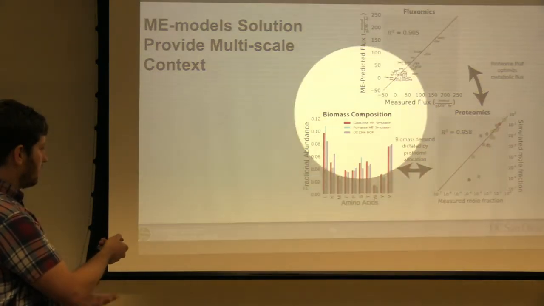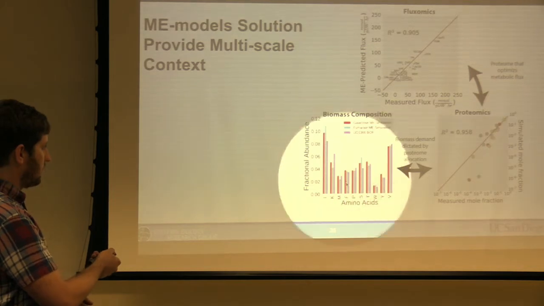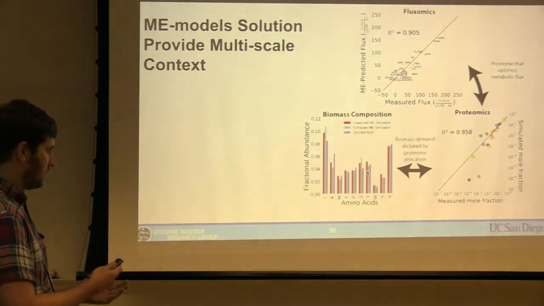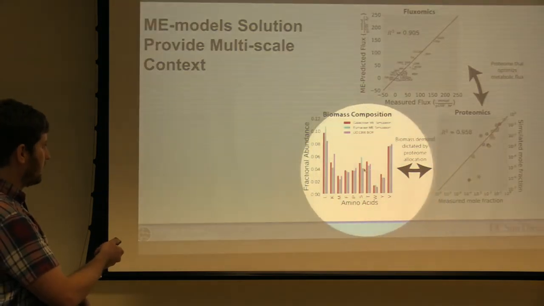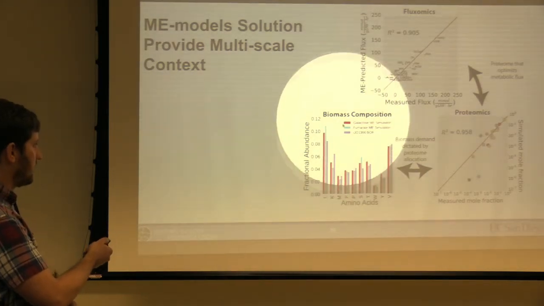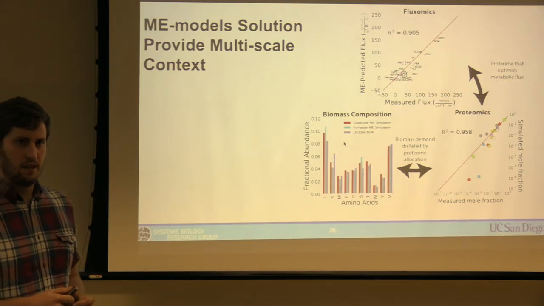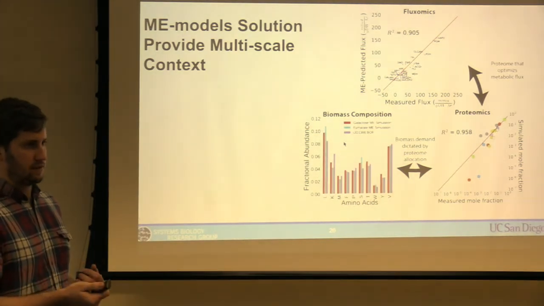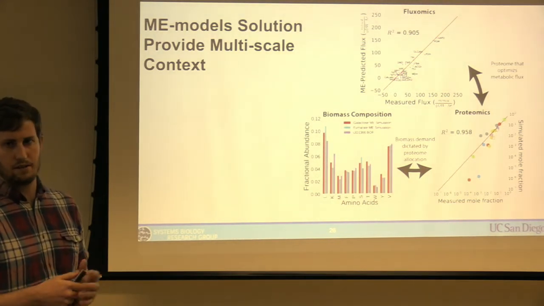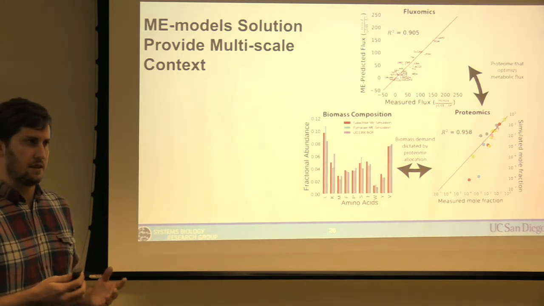And you can see that, number one, it agrees with the M model pretty well, at least in general terms. And you can also see that there's a difference between the biomass composition if it's grown on galactose or fumarate. So the different biomass fluxes are now a property of the growth conditions.